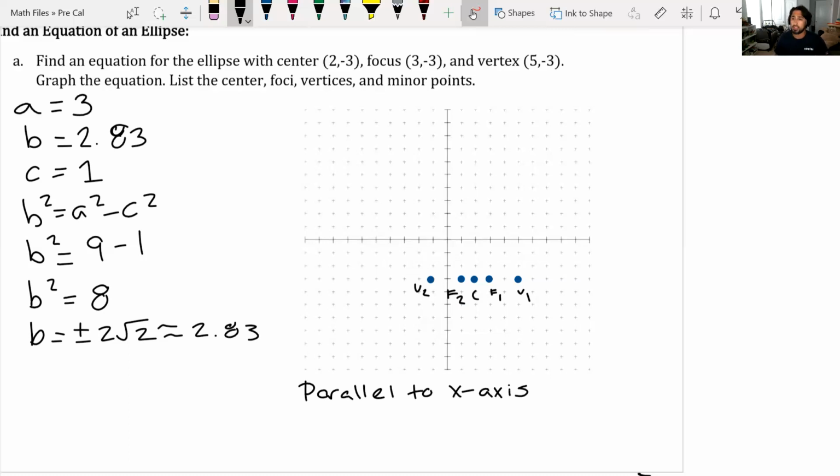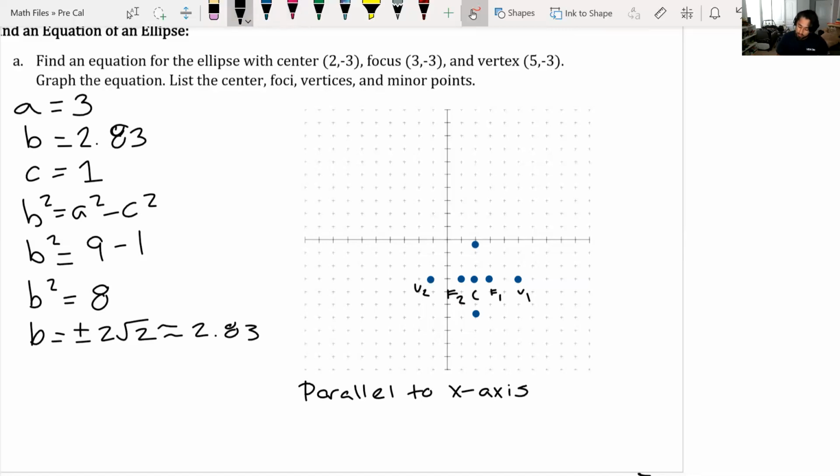All right, so let's continue plotting. So now I want to do my minor points. So that's up 2 units, so 2.83 units. So 1, 2, so close to, almost touching the x-axis. Wrong part. Right there. And then down, 1, 2, and close to that value.